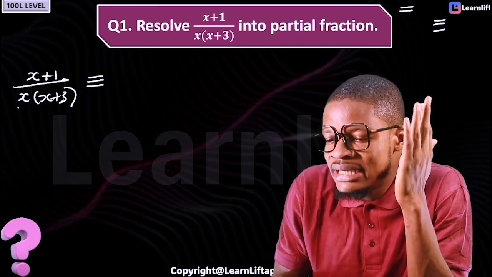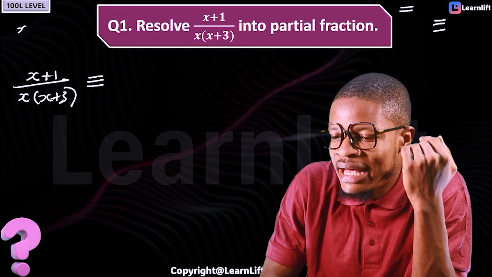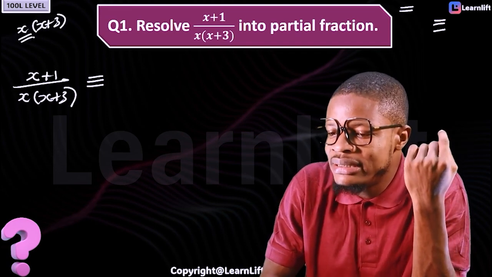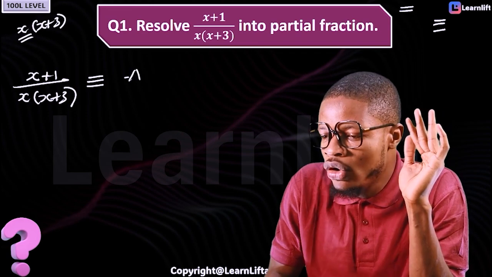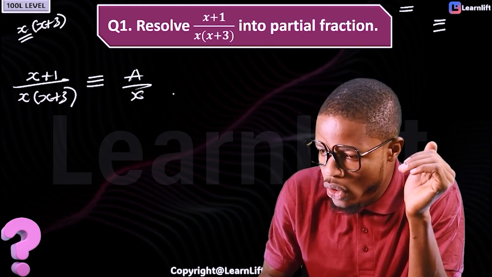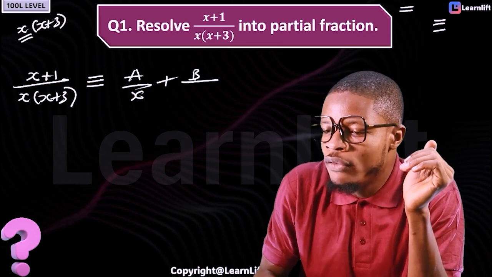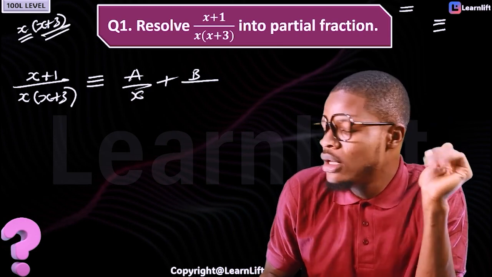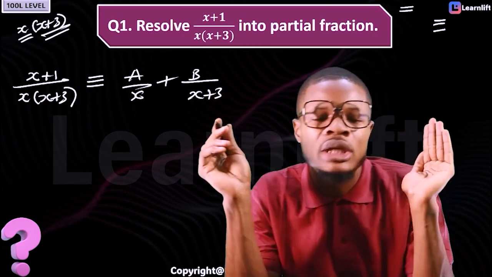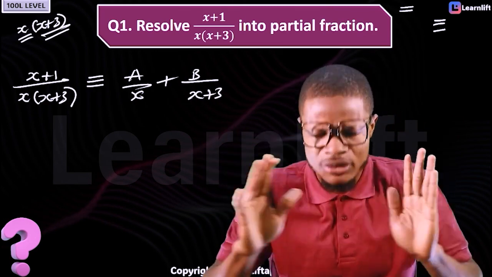Now, since I have x into x plus 3 as the denominator, this x here, give it A all over x. Let that one be alone. Plus B all over the second denominator there. That's x plus 3. Then you leave it like that. Are you following me now?